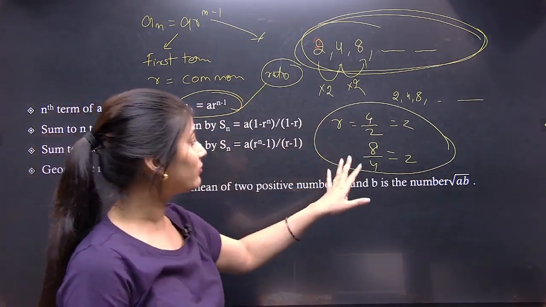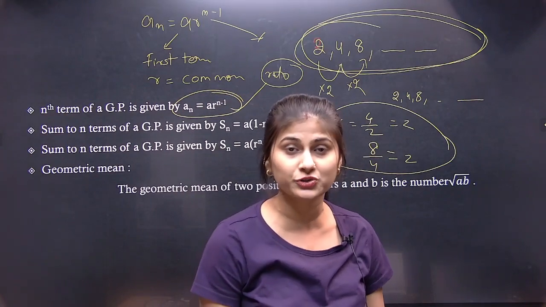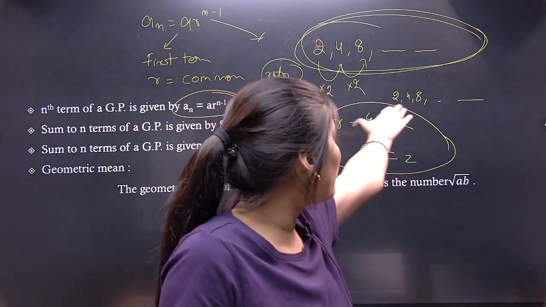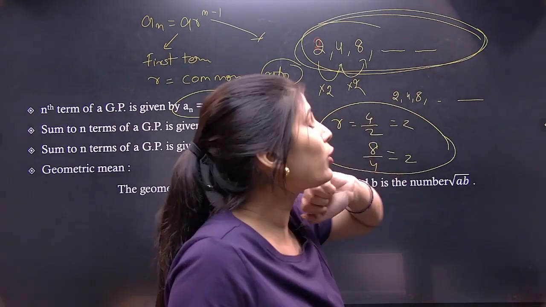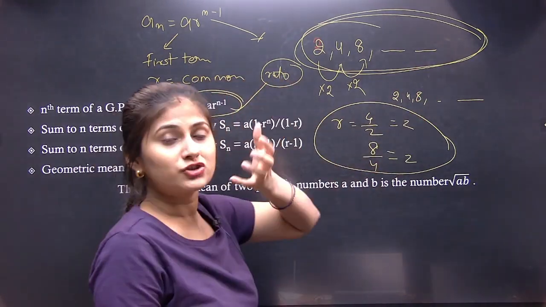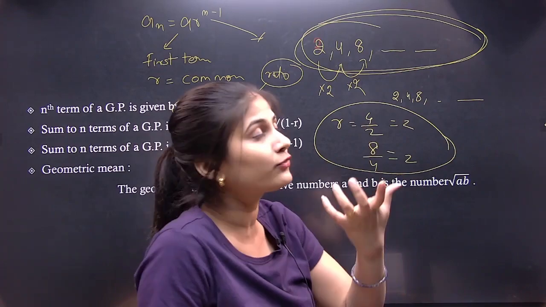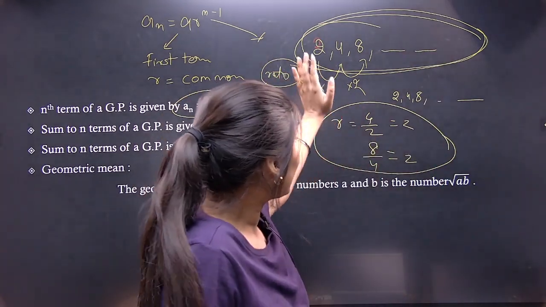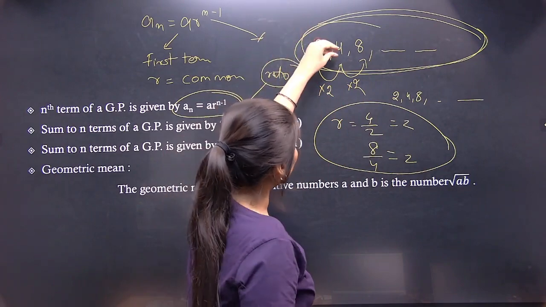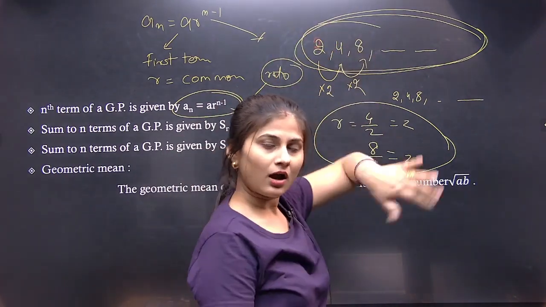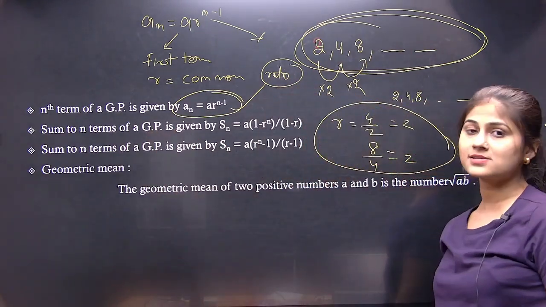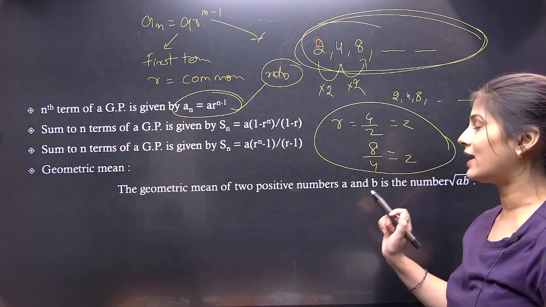It means that if we want to find the common ratio, then we have to divide any two successive terms of a given geometric progression. So the progression is something in which every term multiplied by something gives the next term. Got it? So the nth term of a GP is a_n = ar^(n-1).